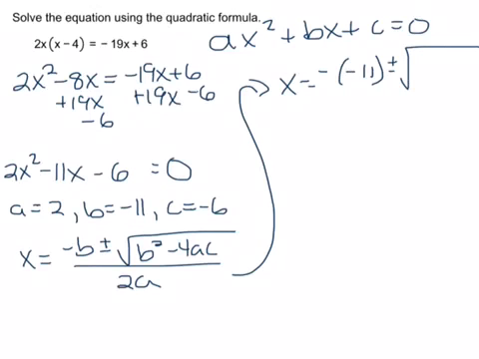Plus or minus the square root of negative 11 squared, which is 121, minus 4 times a times c, which will be 4 times 2 times negative 6. And all divided by 2a, 2 times 2.